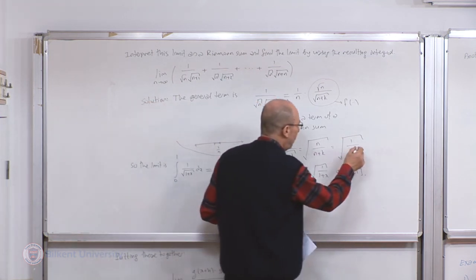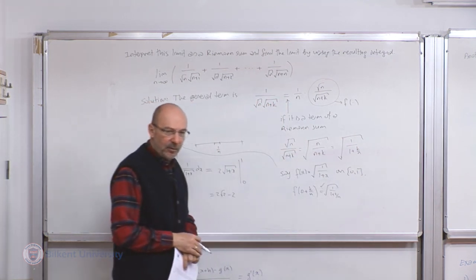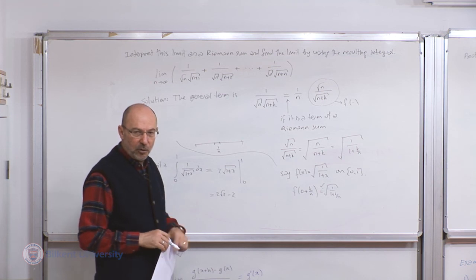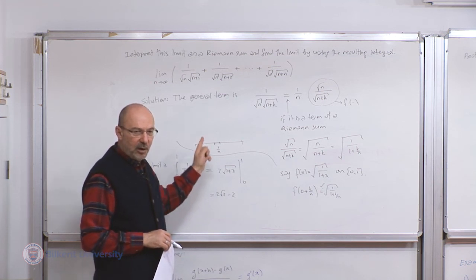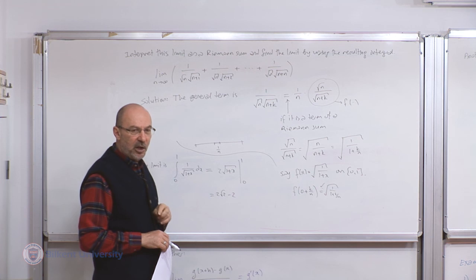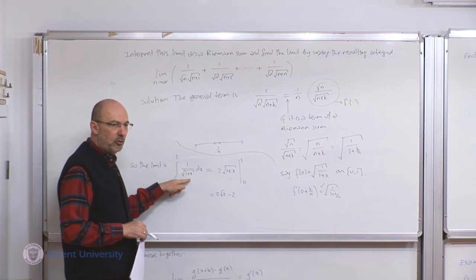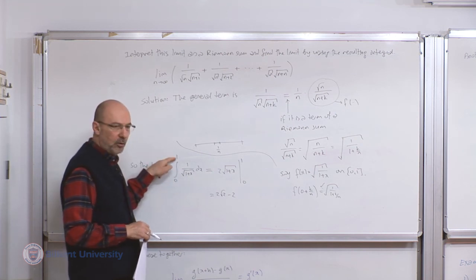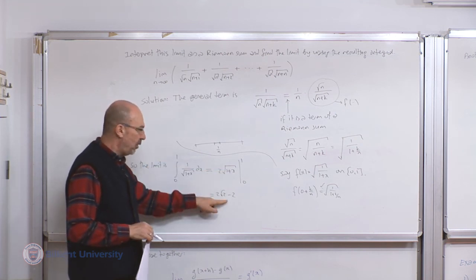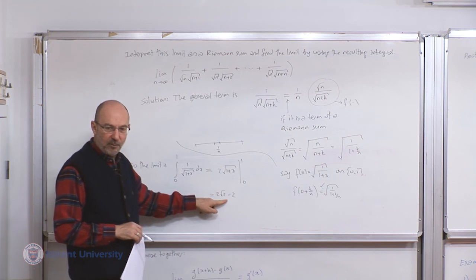Then this whole thing would be x sub k, because if you start from 1, then you keep adding 1 over n to it. At the kth step, you are at the point 1 plus k over n. In that case, you are integrating 1 over square root of x from 1 to 2. You'll get something else, but you'll get the same number here.